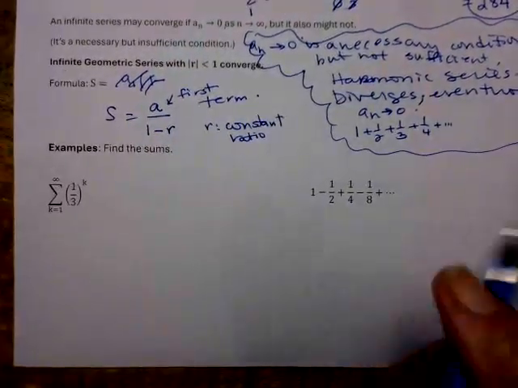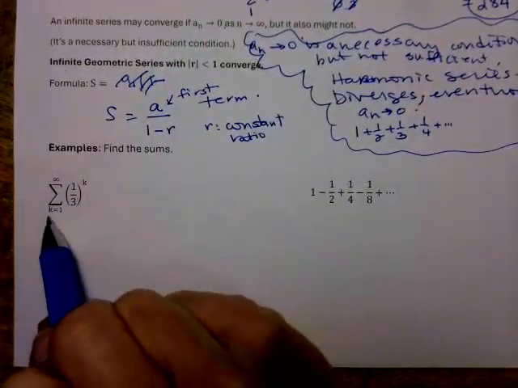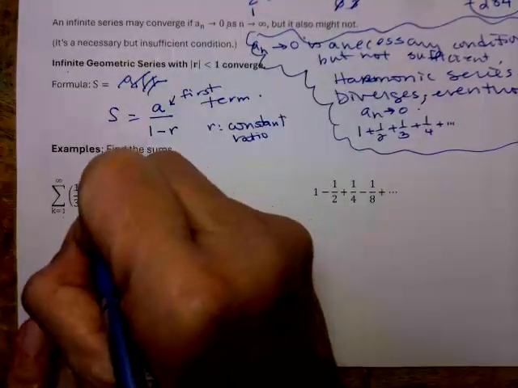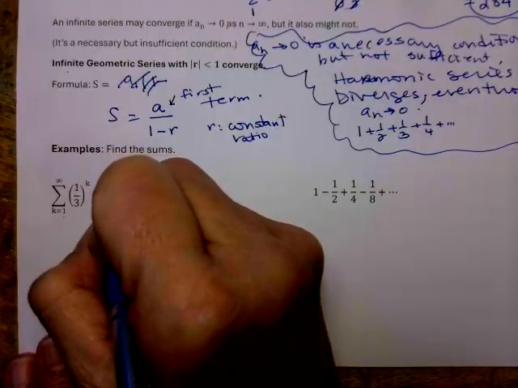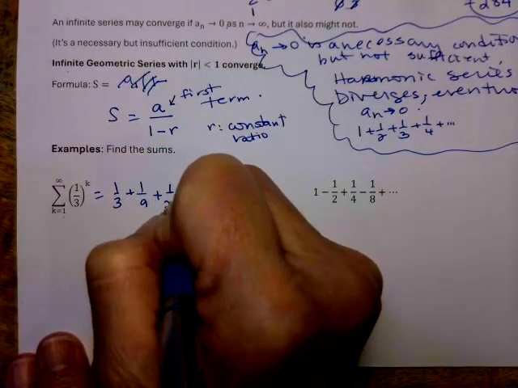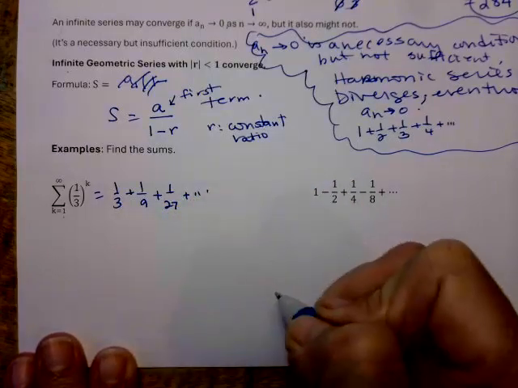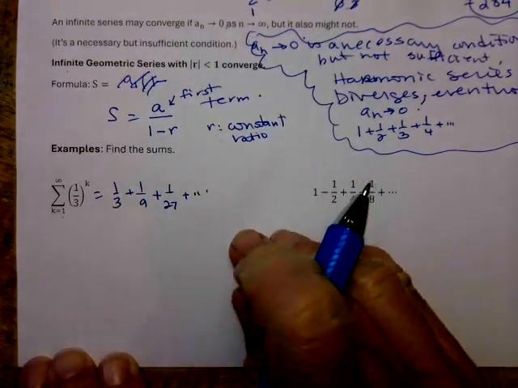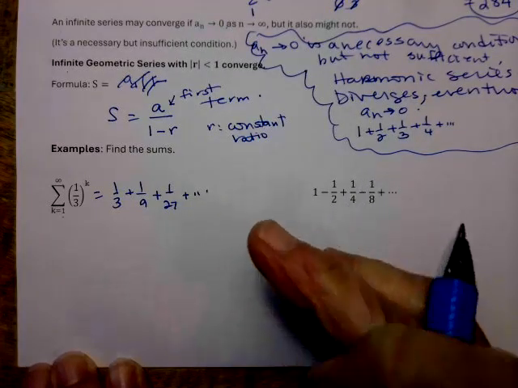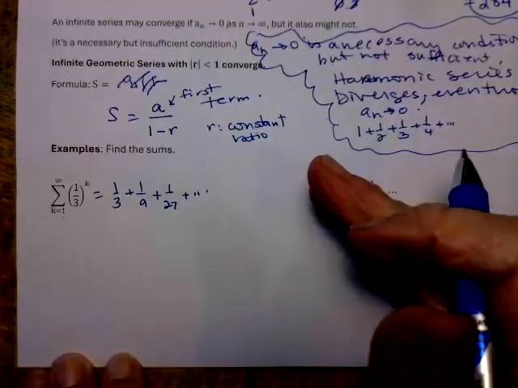Let's do some examples. Find the sums. So adding from 1 to infinity of 1/3 to the k. Write out a couple of terms just to see. 1/3 plus 1/9 plus 1/27 plus all of those terms. If we keep adding those up, they converge to, right, a number.